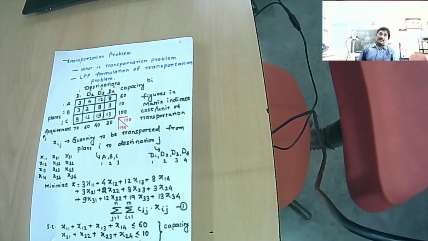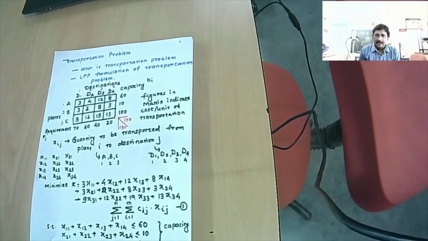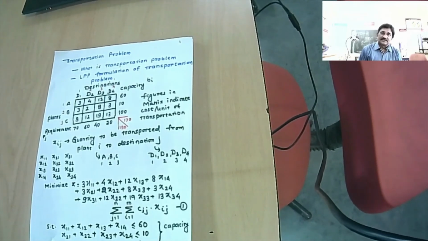But in an exact problem, a dash is not a number. So to bring that dash into the number category, you will replace the dash by infinity, and you will solve the problem ahead. But suppose this problem is of maximization type and transportation is not possible from B to D2, then you will retain the dash, convert the problem first to minimization, and after you convert it to minimization, then you will replace the dash by infinity.